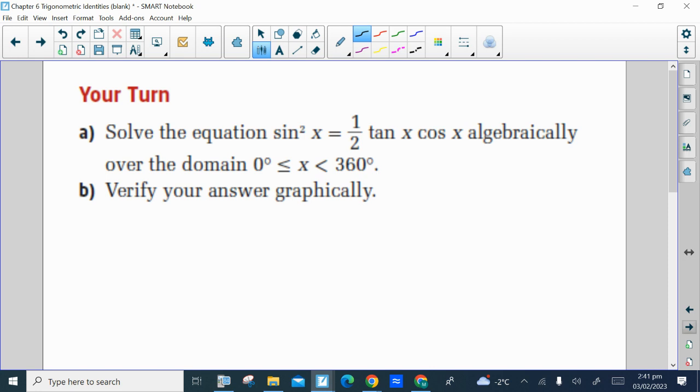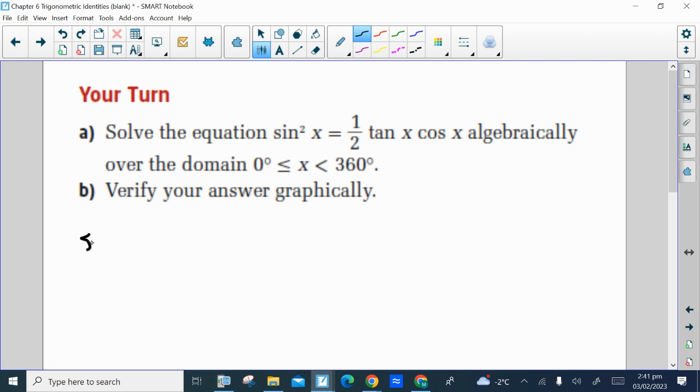So we want to solve this one now. Again, make sure you look at the domain. It's between 0 degrees and 360 degrees. 0 is included, but 360 is not. So I've got a sine squared x on the left side equal 1/2 tan x cosine x.